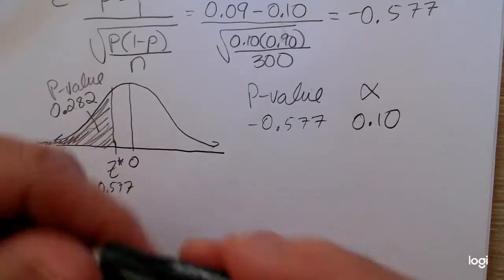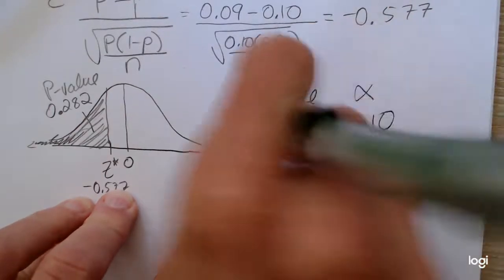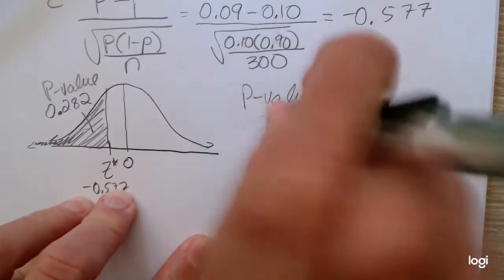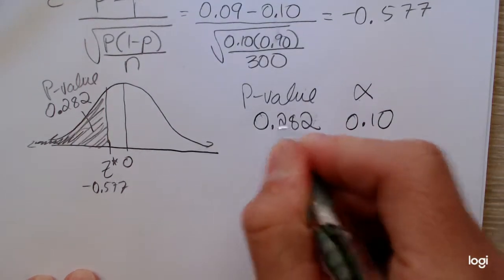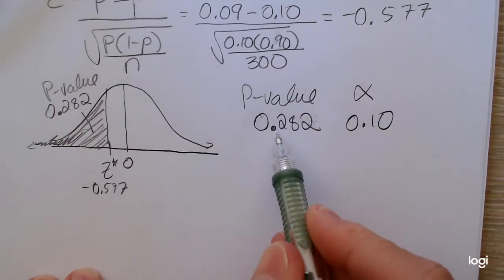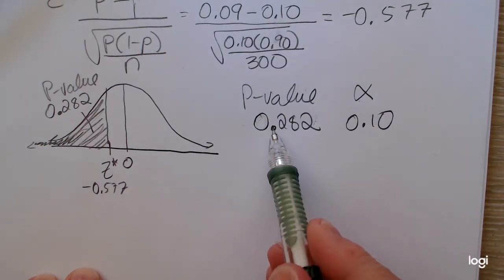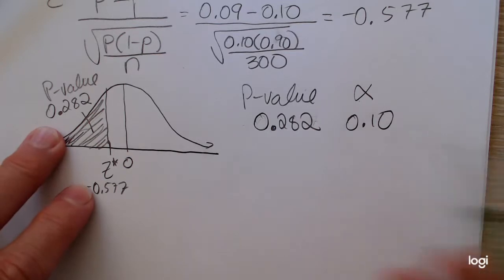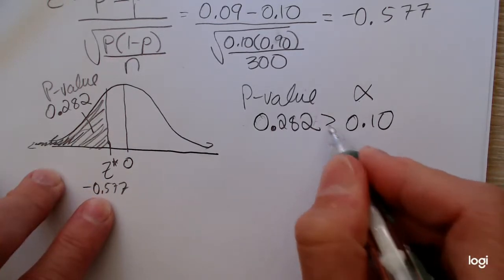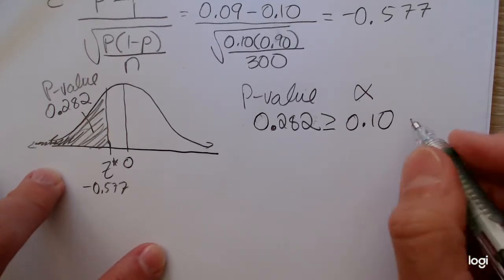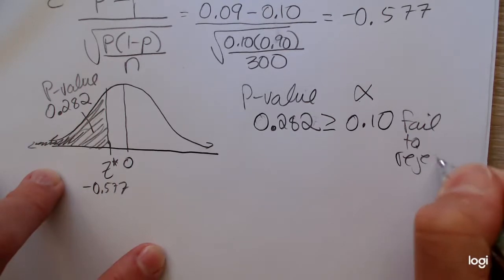Oops. Sorry. What am I thinking? That's not a valid probability. This is what happens when I go on autopilot. Oh my goodness. Okay, the p-value, probability can never be negative, for one thing. Alright, so my p-value is 0.282. Comparing that to my level of significance, the p-value is greater than or equal to 0.10. I know my decision is to fail to reject the null.